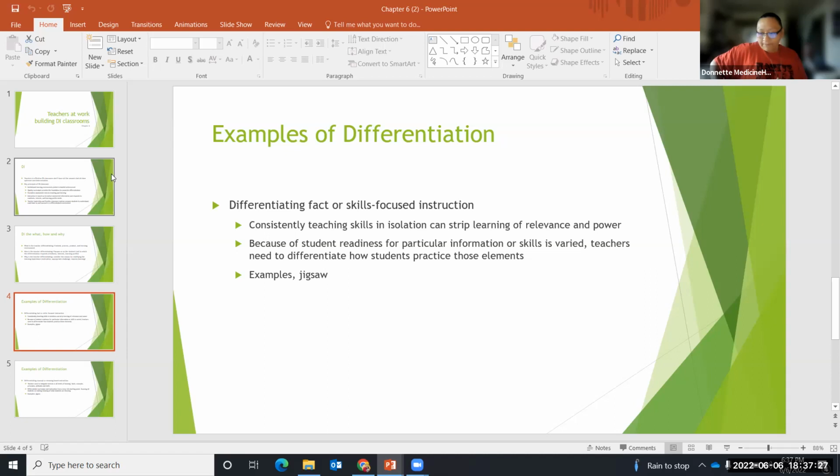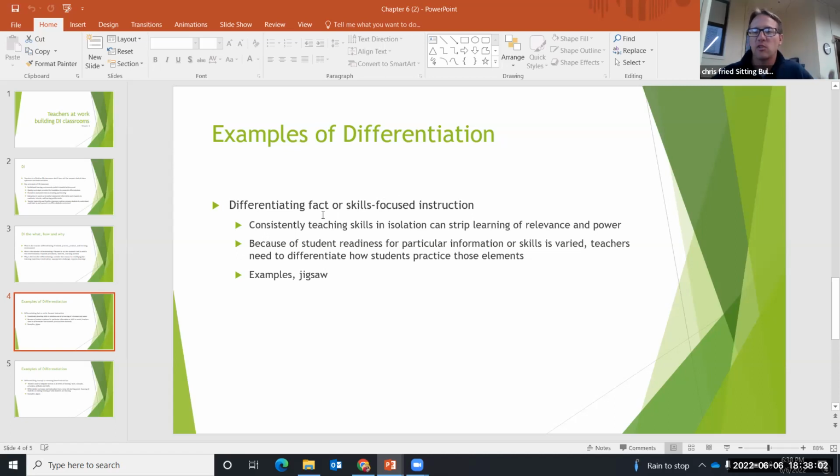Yeah. And I talked about that jigsaw piece in there a little bit too, with that activity, which is students taking a part of a larger concept and studying it, researching it, becoming almost a so-called expert on it, and then sharing that information back with the rest of their class, right? And that would fall more in this fact-based information, rather than skill-focused instruction.